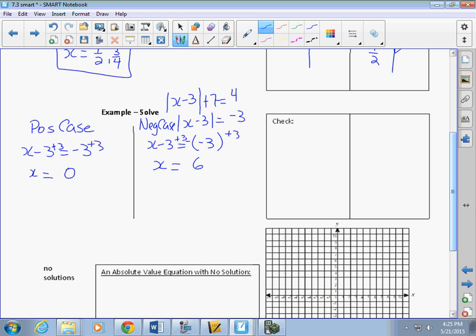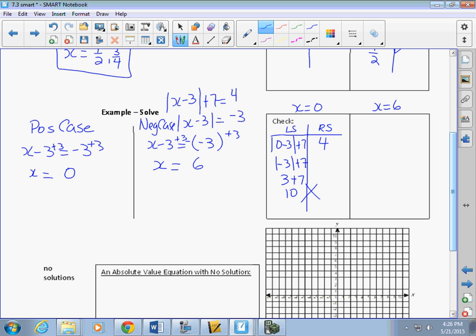So if I check this, x is equal to 0. So I have absolute value of 0 minus 3 plus 7 and 4. If I have negative 3, absolute value of negative 3 plus 7, so that's 3 plus 7 is 10, doesn't work. So that means that is an extraneous root.